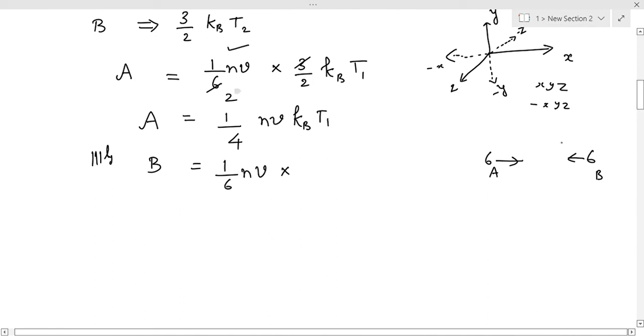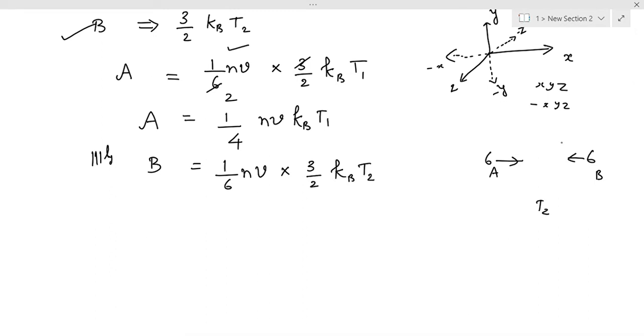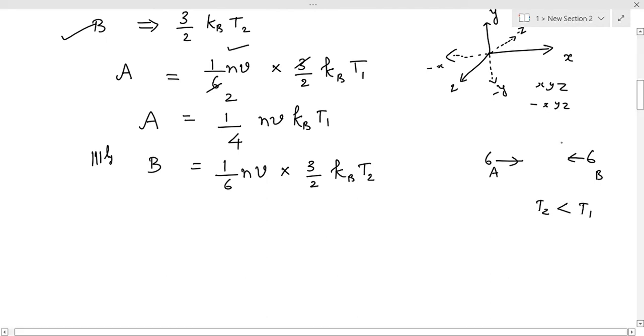The kinetic energy at B is 3 by 2 kB T2, where T2 is less than T1. So cancelling the like terms, I'll get 1 by 4 nv kB T2. It is at end B.